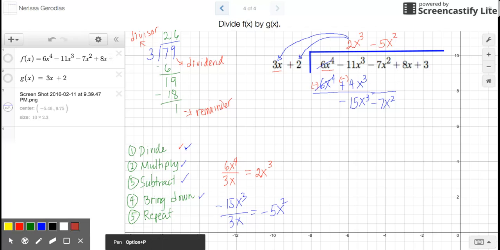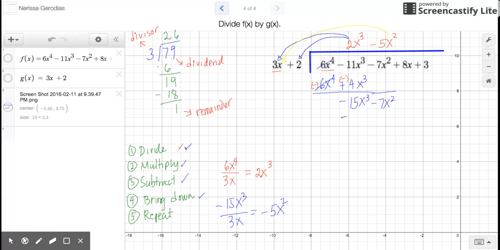And then we will multiply again. So negative 5x squared times 3x is going to be negative 15x cubed. And then negative 5x squared times 2 is negative 10x squared.